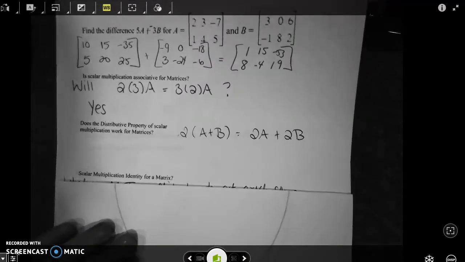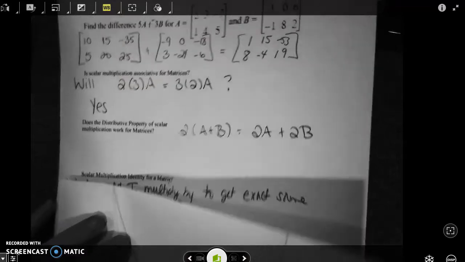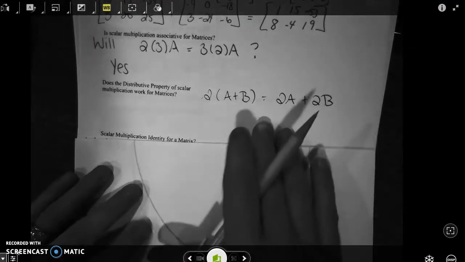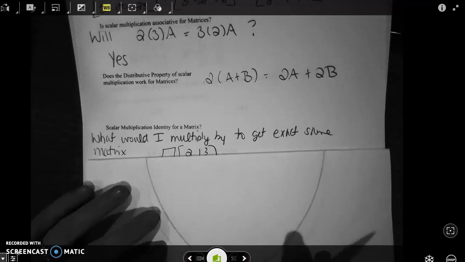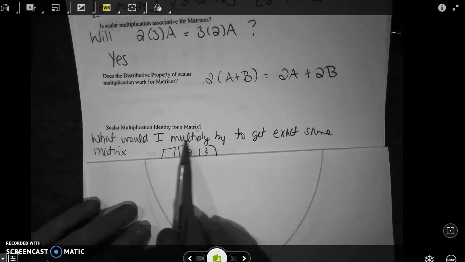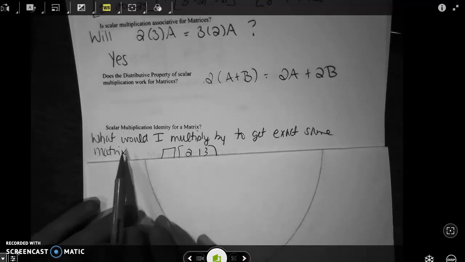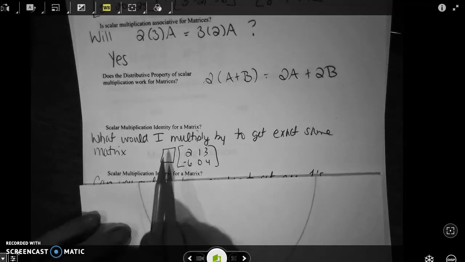Okay, so the next question says, what would the multiplicative identity for a matrix be? In other words, what would I multiply a matrix by to get the exact same matrix? Here I've just got a box representing that real number.